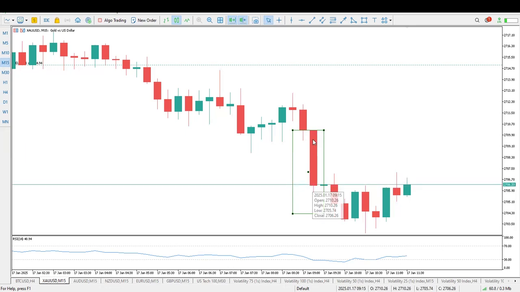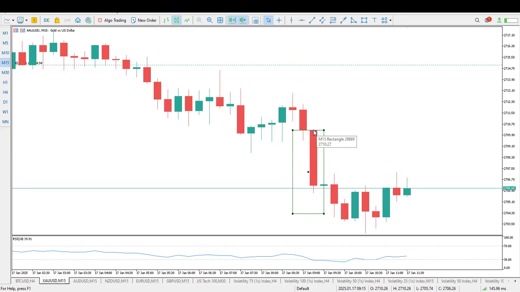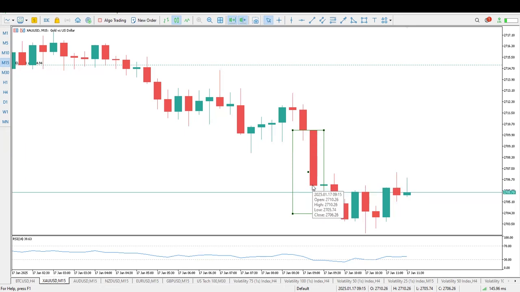I want you guys to observe something: for a red candle, it will open at this point. So here is my candlestick open, then this bottom here is my candlestick close.